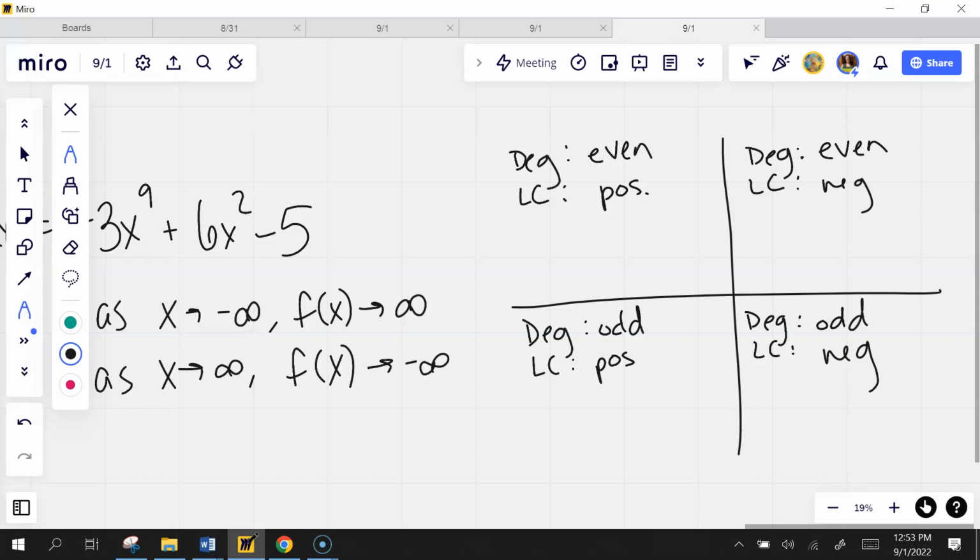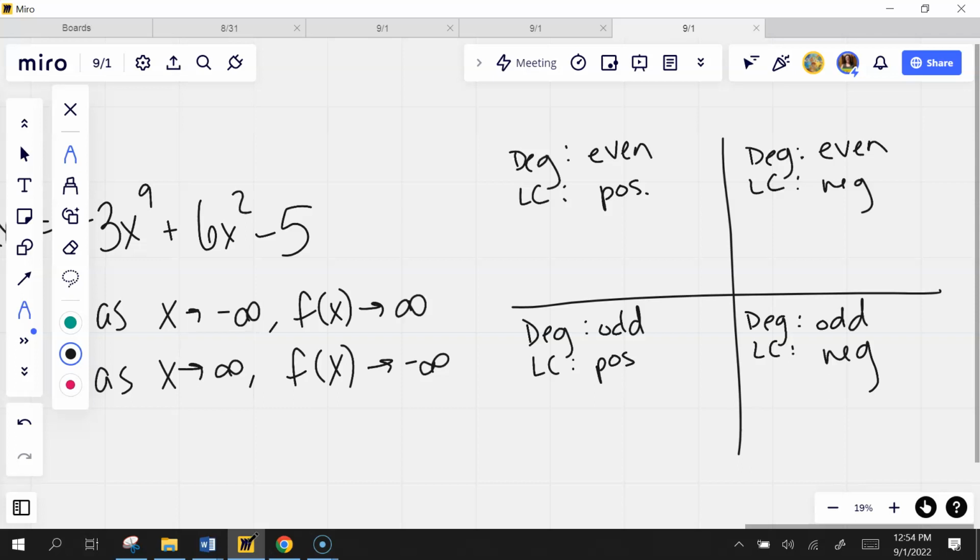All right, we've got a chart here with 4 different scenarios. This is what's going to determine my end behavior. If you remember this from Algebra 2, that's wonderful. Jackson does. That's awesome. If you don't, we're just going to fill this chart out really quick. I won't spend as long on it as what I do in Algebra 2. I'll just give it to you and tell you what it is that's happening.